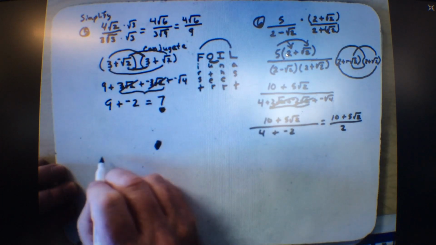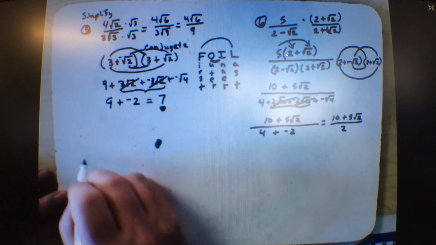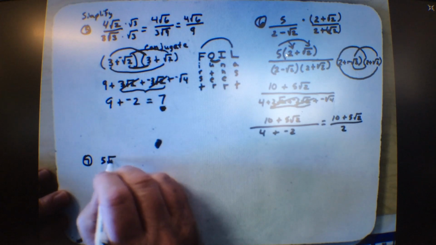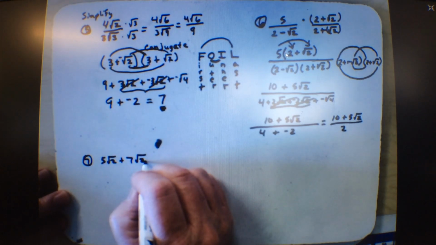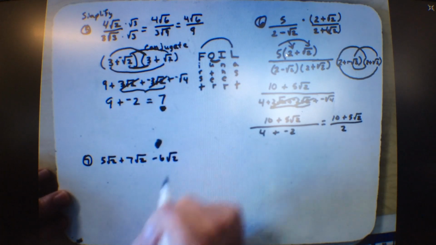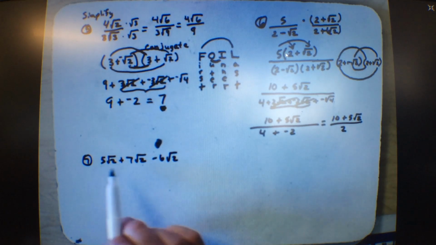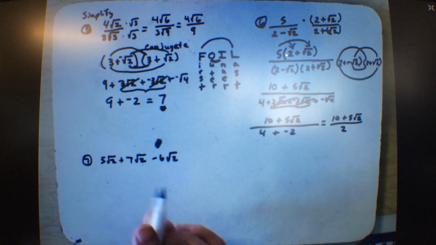Okay? All right. I want you to look at this problem right here. It's going to say simplify again. So this is number 7. It says 5 square root of 2 plus 7 square root of 2 minus 6 square root of 2. Folks, you remember like and unlike? These are all like because they have the same radicand.